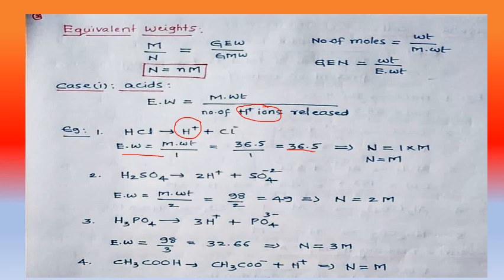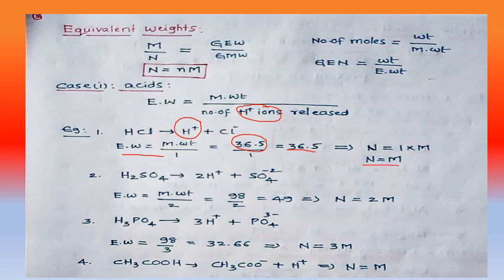Okay students, here don't think about the values. It's not a problem. Values will be given to you most of the times. But some values you have to remember, like chlorine 35.5, hydrogen 1, oxygen 16, carbon 12, nitrogen 14, like this. Next, basically the normality and molarity relation for HCl.